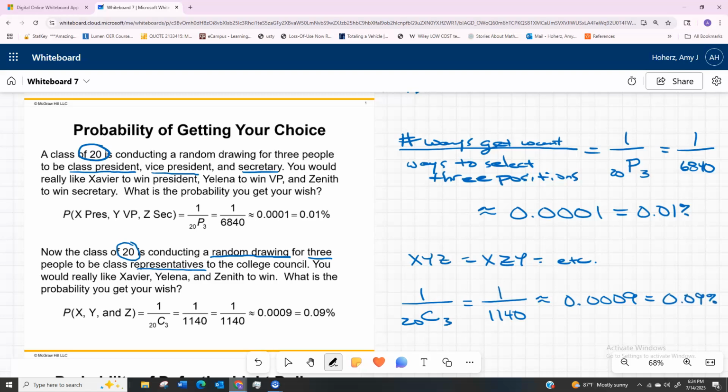Still way less than 1% because it's 1 out of over 1,000. 1 out of 100 would be 1%. So it's still a very small chance that you're going to get all 3 people that you want, but it's a higher chance than if the order matters. So you can see we've combined our counting, permutations and combinations from section 4.4 with what we knew about probability.